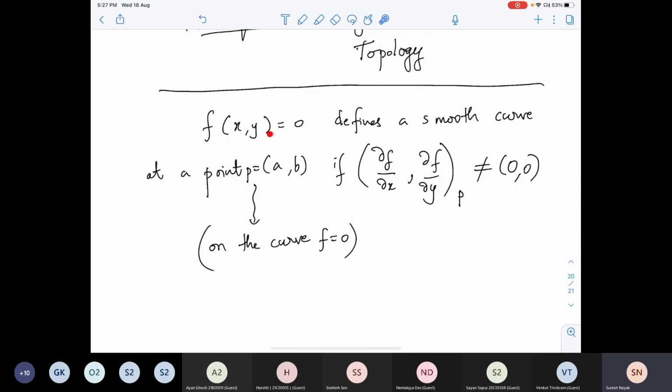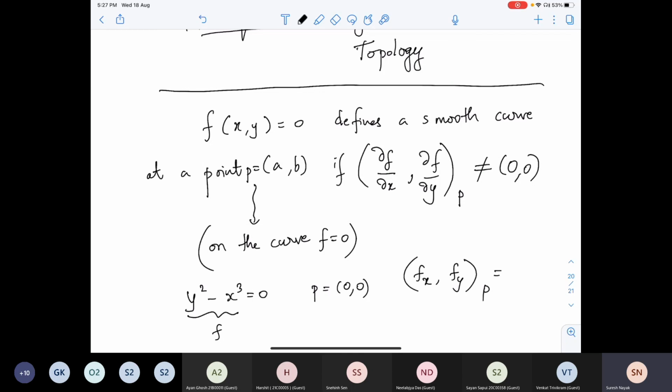So you have this equation, and then you do this. So for example, if you look at y squared minus x cubed equal to 0, then take the point P equal to (0, 0). So this is your f. Then you will see that the partial derivatives f_x and f_y at the point P are 3x squared and 2y at (0, 0), which is (0, 0).